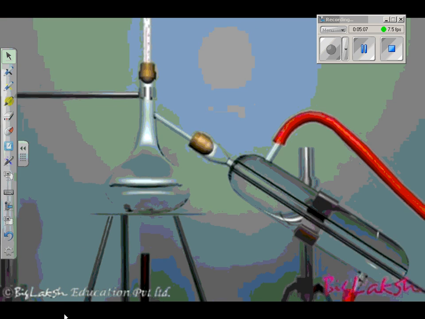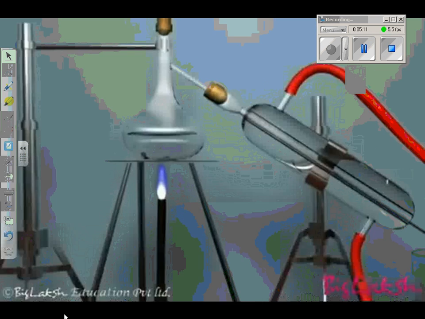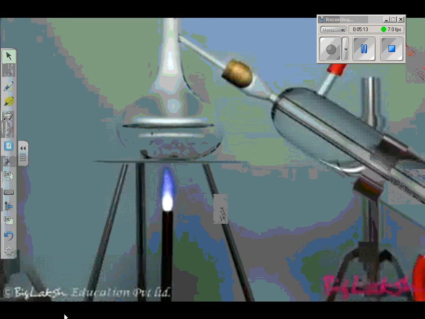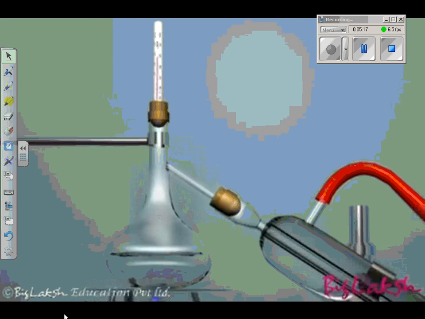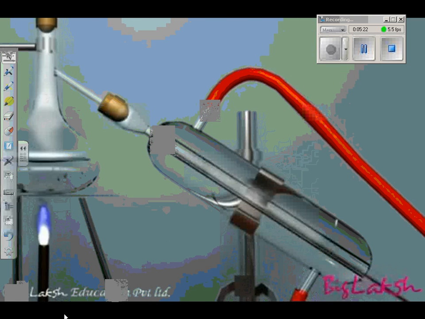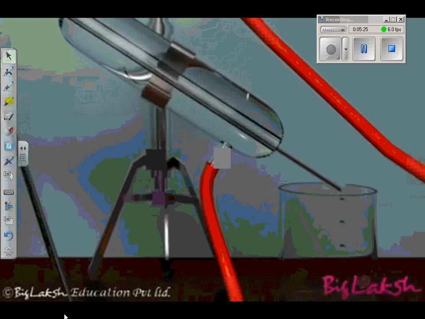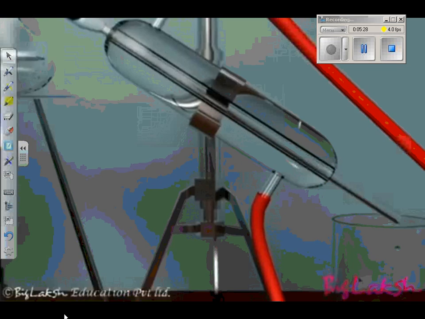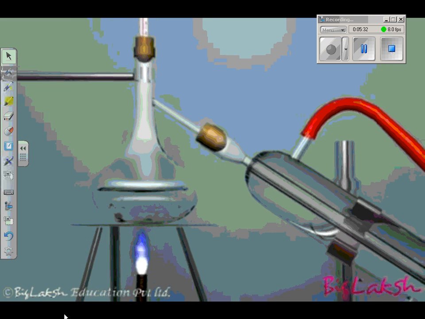Observe carefully how the apparatus is arranged. Then, heat the mixture slowly, keeping a close watch at the thermometer. See the acetone vaporizing and then condensing in the condenser. This acetone can now be collected from the condenser outlet. On the other hand, the water is left behind in the distillation flask.